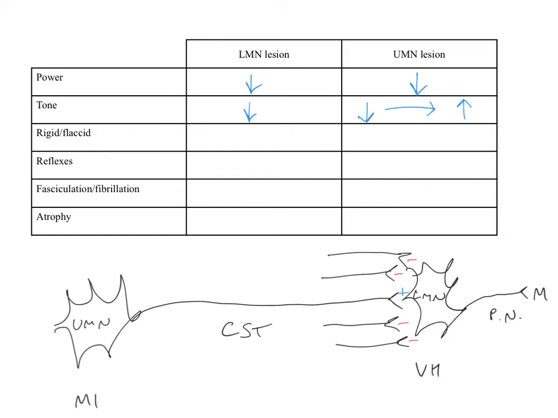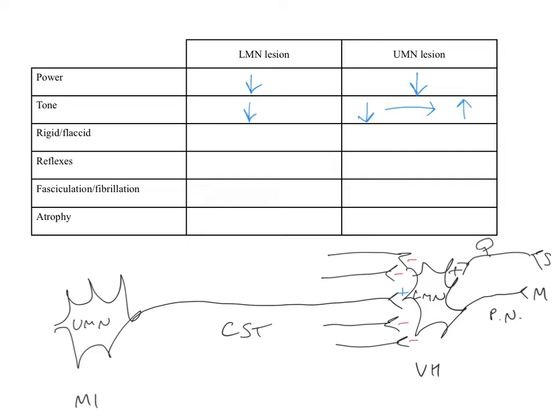Now we've got to add one other thing on as well to understand how this increase in tone arises. And that is we need to add the sensory side of the spinal reflex arc. So remember that we have muscle spindles which are detecting muscle stretch. They are connected to first order sensory neurons which then synapse on lower motor neurons at excitatory synapses.